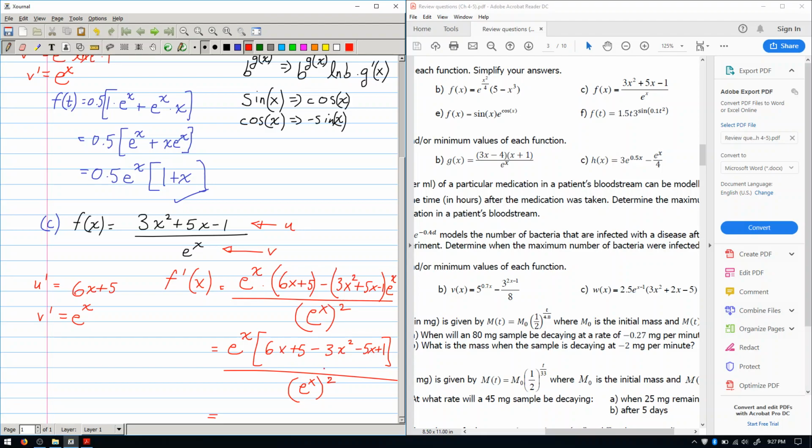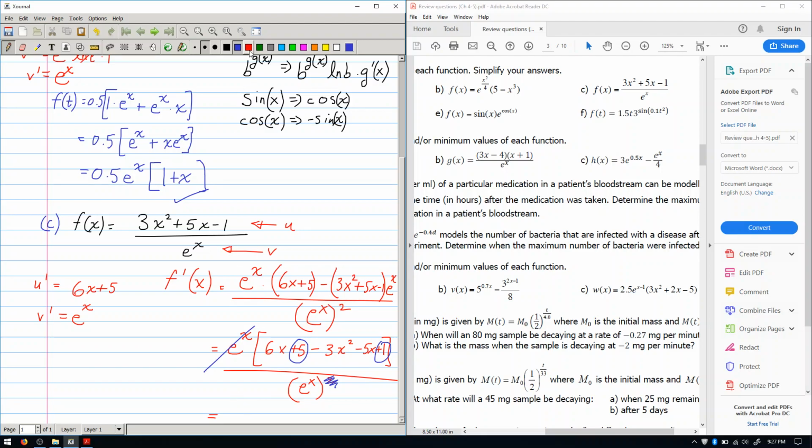Now, if you notice, not only can I clean up the top, but there is a canceling that I can do. I can cancel one factor of e to the x on the top with one factor of e to the x on the bottom. Once more, on the numerator, I can collect 6x and negative 5x. I can also collect positive 5 and positive 1.